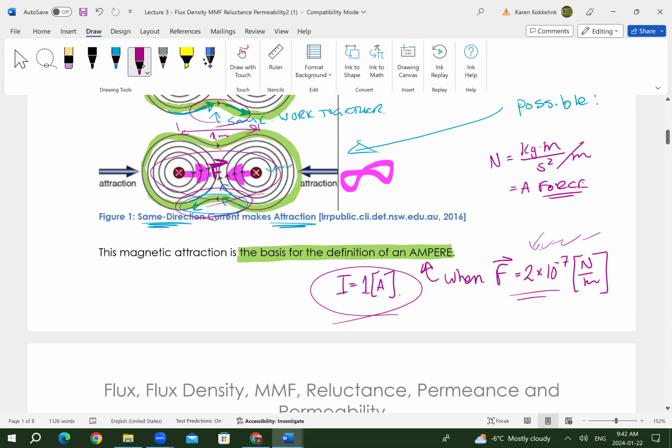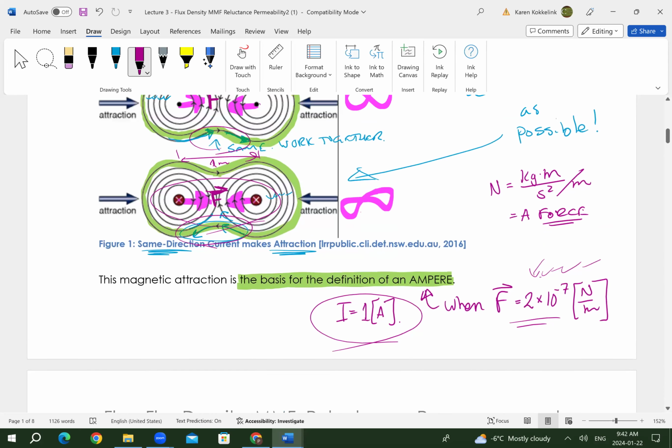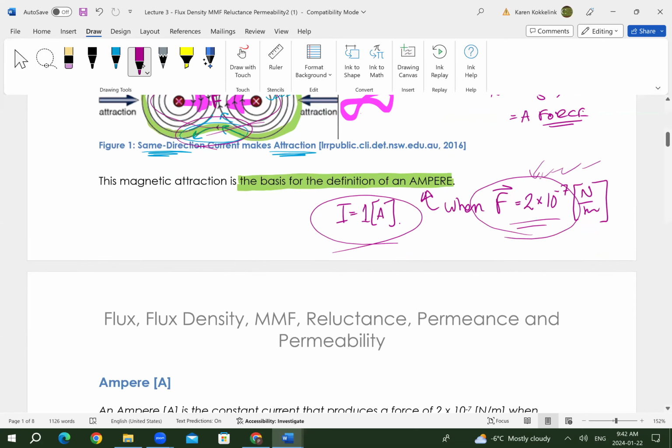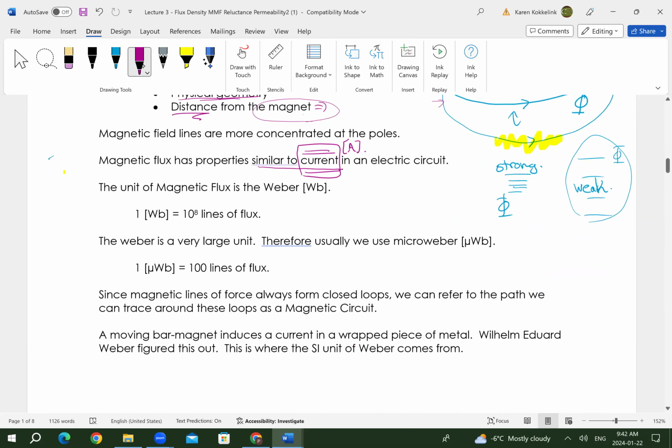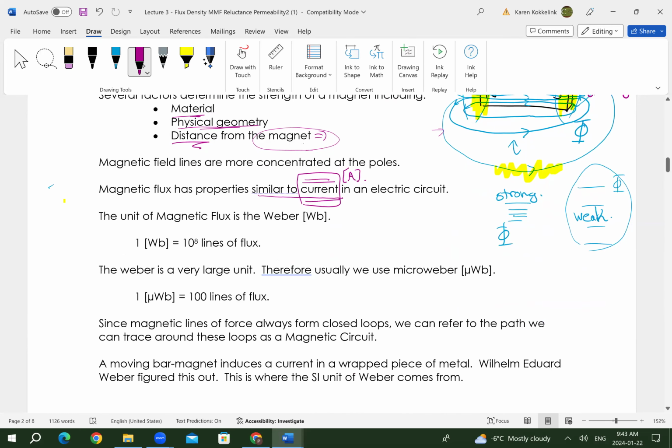If I put less, I'm going to get less, because we know that current is directly related to the force, and the force comes from the magnetic flux lines. As current goes up, with more electrons flowing over time, we're going to get more force, which implies that we have more magnetism. So it is similar to current because it's related to current.